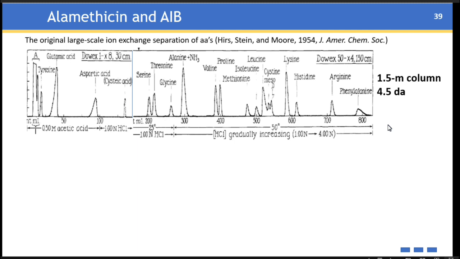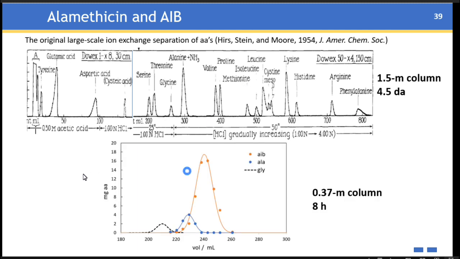This is a truly heroic experiment. The column is 5 feet long, and the elution takes 4.5 days. Well, my column is only 37 centimeters tall, as big as I could get, and it takes 8 hours for it to do this elution.